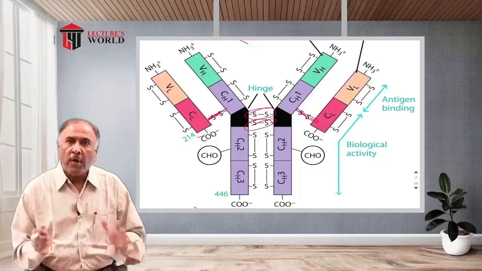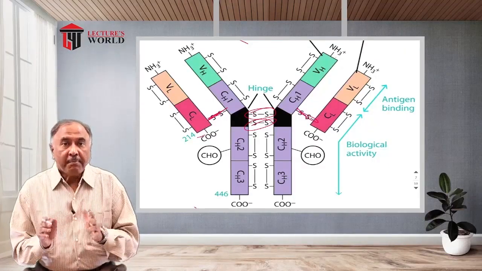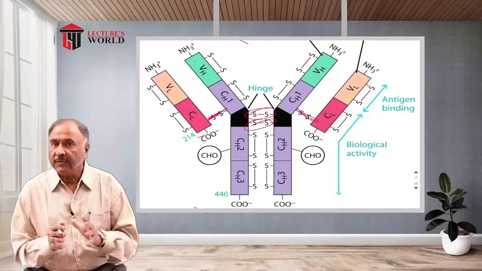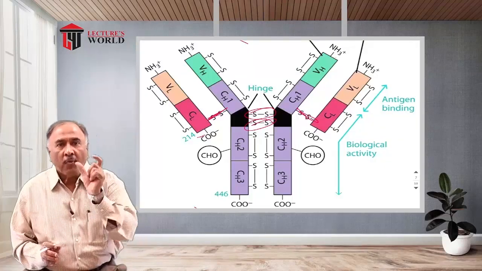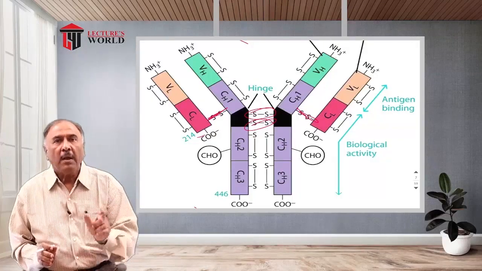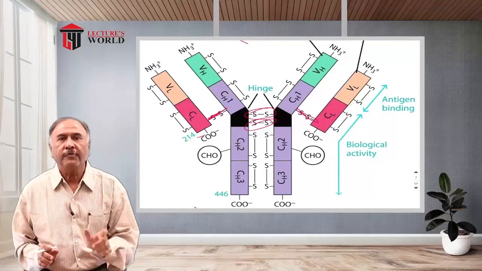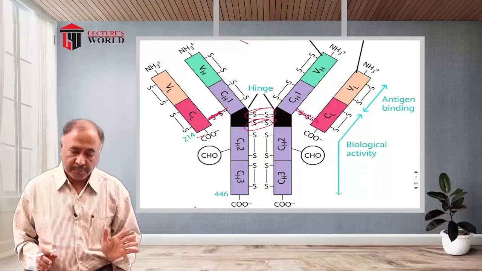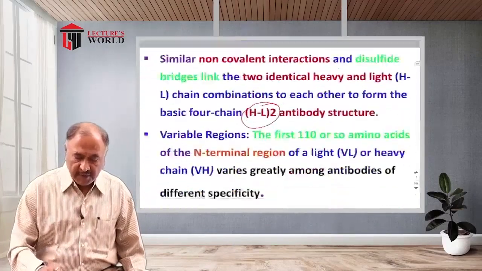So this is how 4 different peptides exist together to form one molecule, and this is the basic structure of immunoglobulin. Okay, we will see its details further.